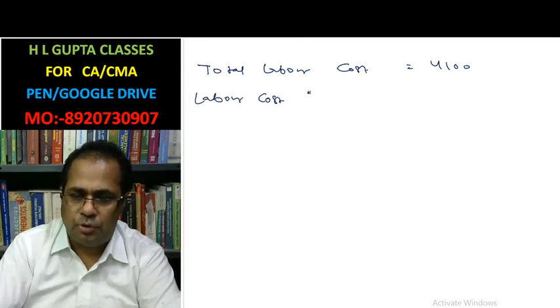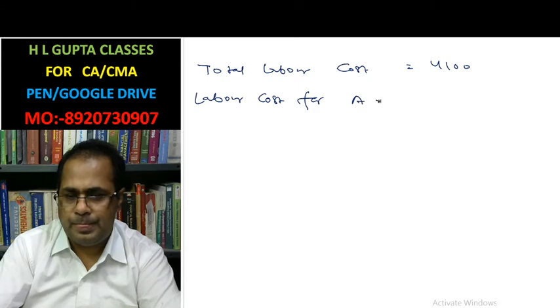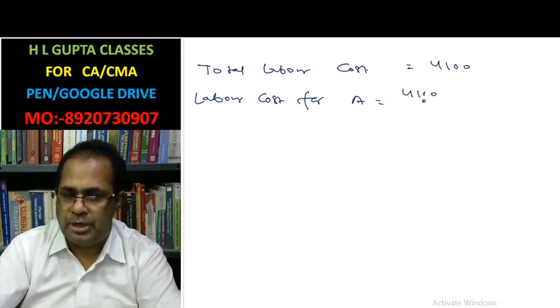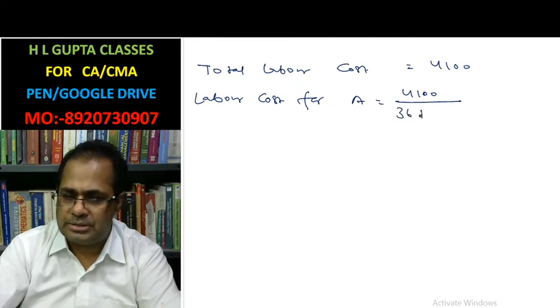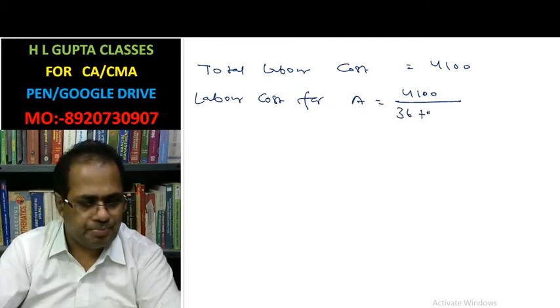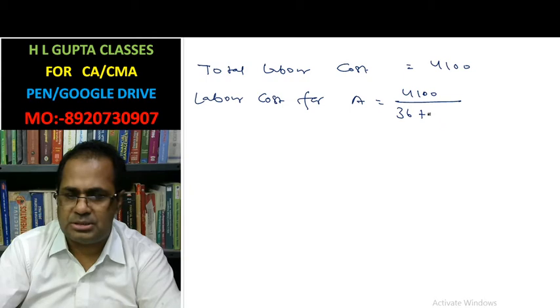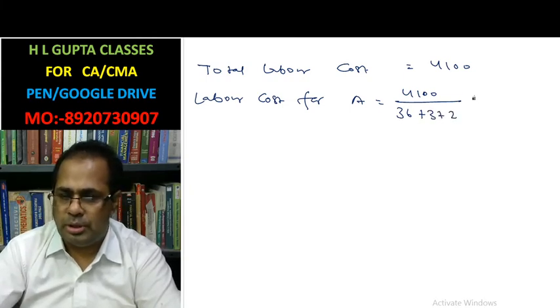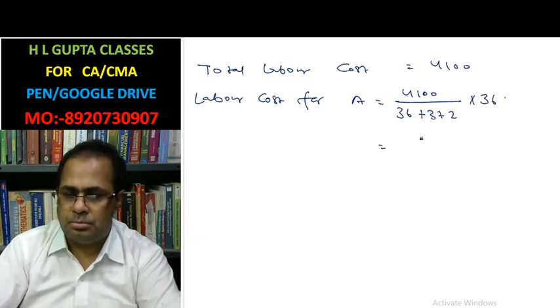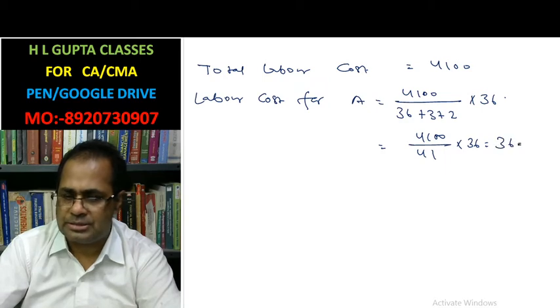Labor cost for A: 4100 divided by 36 plus 3 plus 2, into 36. 4100 divided by 41 into 36 equals 3600.